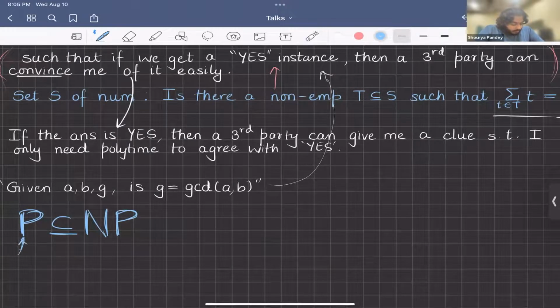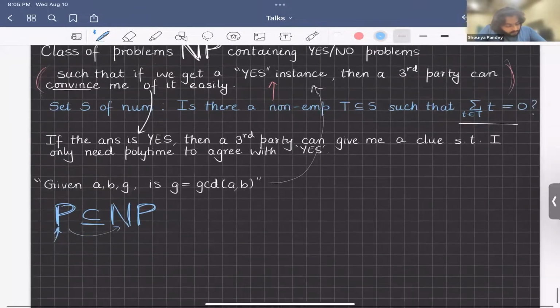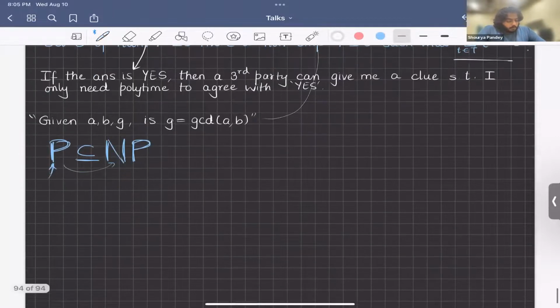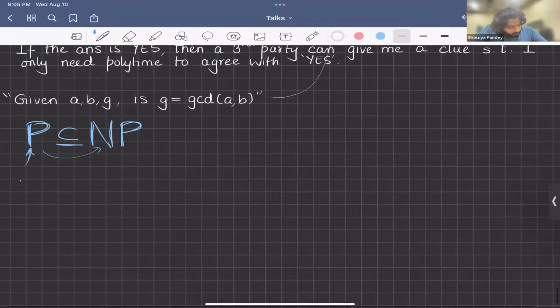If I take a problem here, then it also belongs here because this is true sort of vacuously, because I can just be convinced by myself. So I don't even need a third party. So P is a subset of NP. Now the problem is we don't know if NP is a subset of P. So this is the open problem.